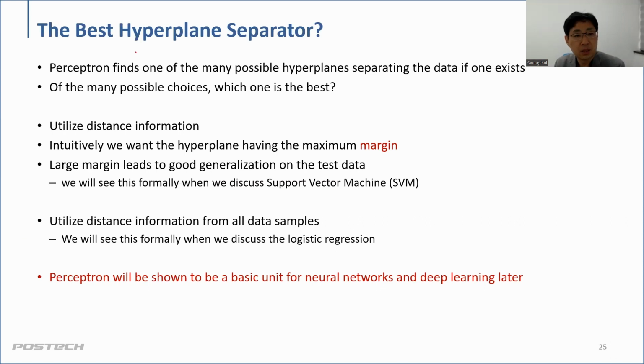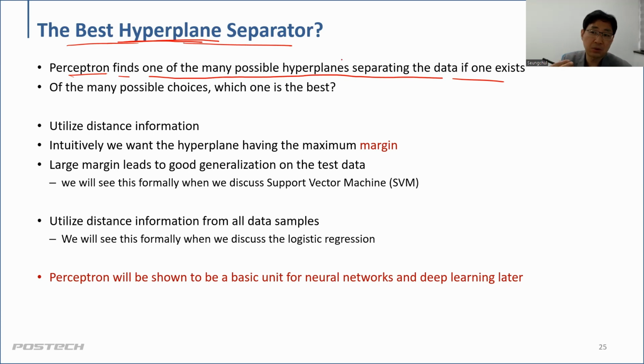So again, the classification boundary in higher dimensions is going to be a hyperplane. Is that the best separator? Probably not. The perceptron finds one of the many possible hyperplanes separating the data set, if one exists. The second question we have to ask is, out of many possible choices, which one is going to be the best?